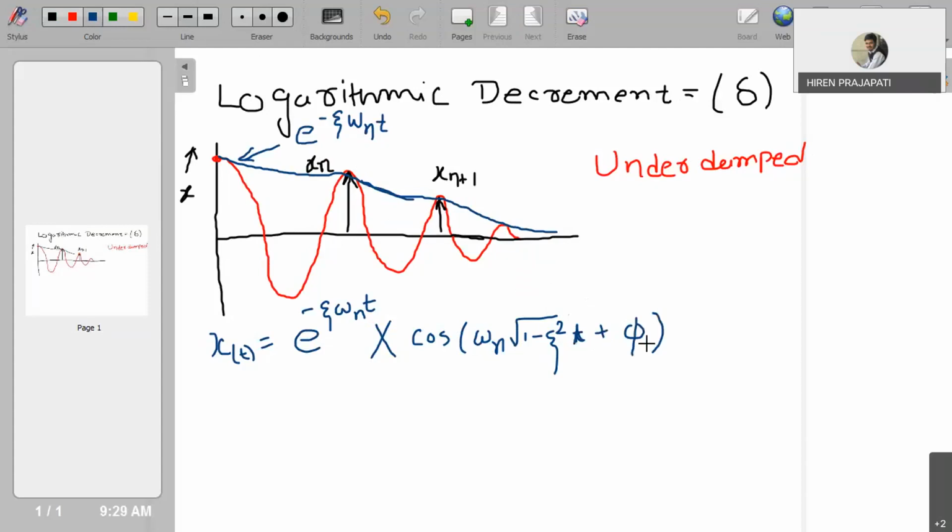I hope this equation is known to you, right? So this is x of t.